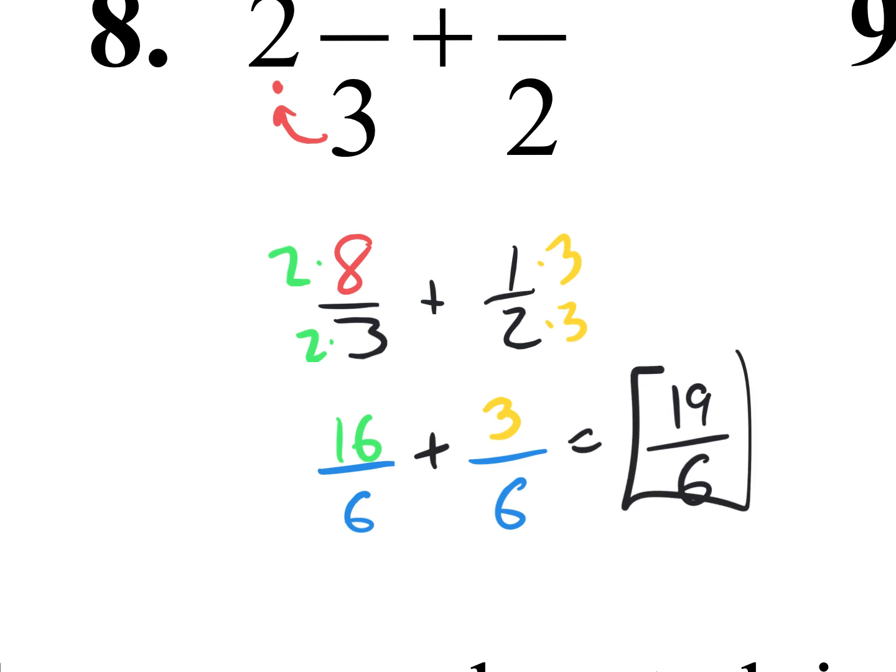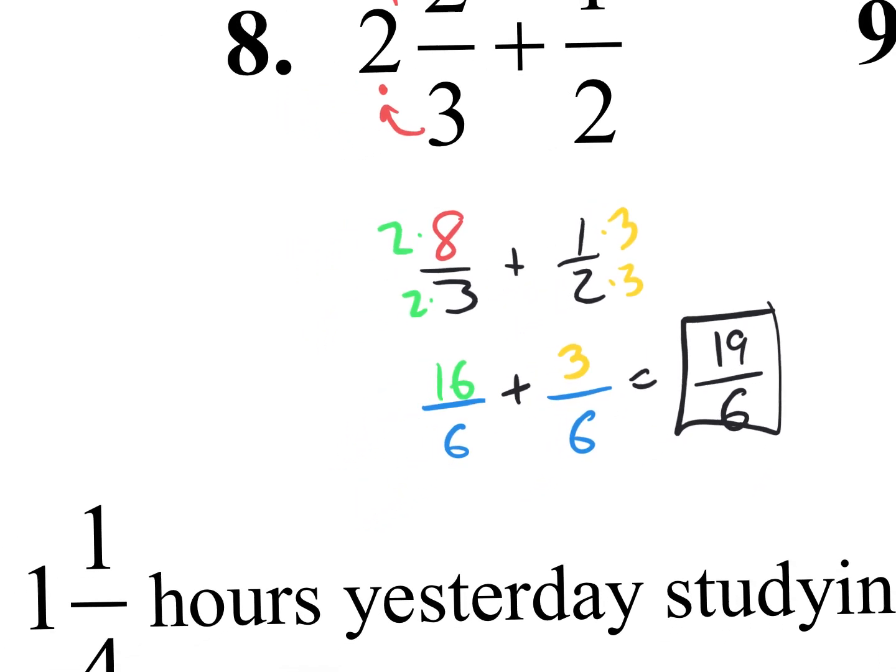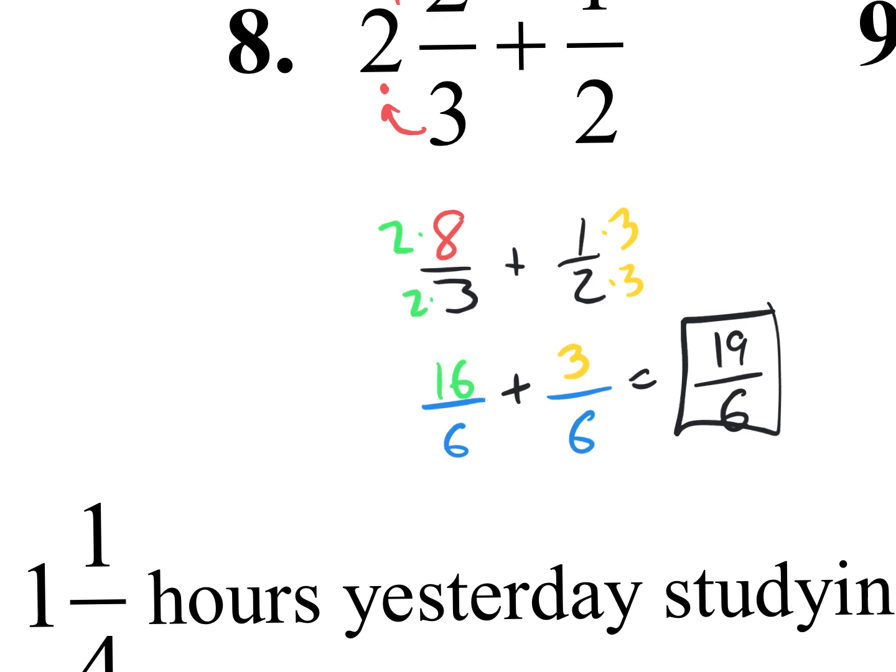Now, that's your answer. But let's say you're taking a multiple choice test on Friday and that answer is not there. It might be written as a mixed number instead of an improper fraction. Simply divide 19 divided by 6. 6 times what goes into 19 without going over? 3. Okay, and that'll give us 18. And when we subtract, we'll have a remainder of 1.